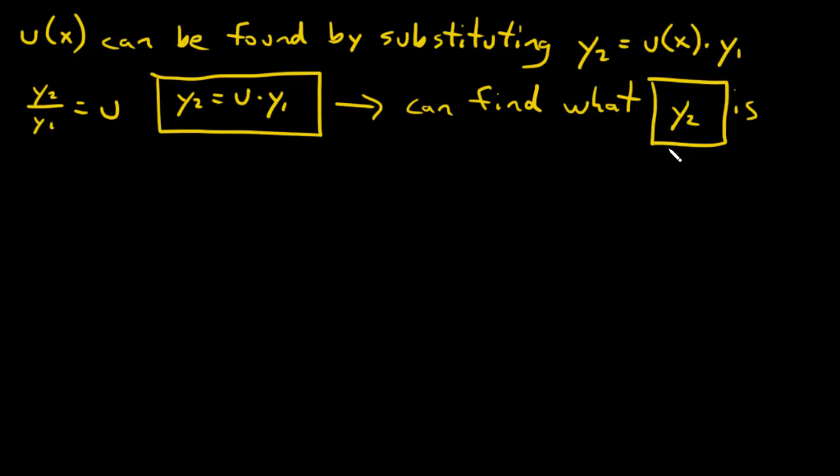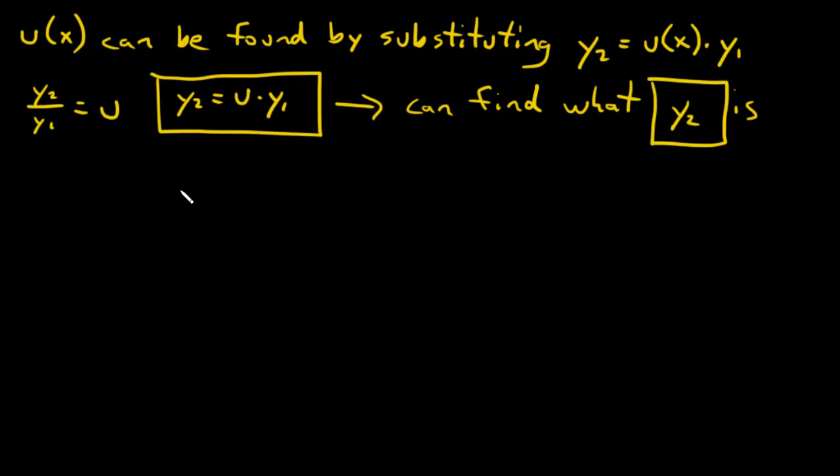I know that y1 and y2 are linearly independent. If I do this substitution right here, I'm going to claim I can figure out what y2 was, okay? So let me kind of show you what I'm talking about. This looks like magic, but I promise it works.